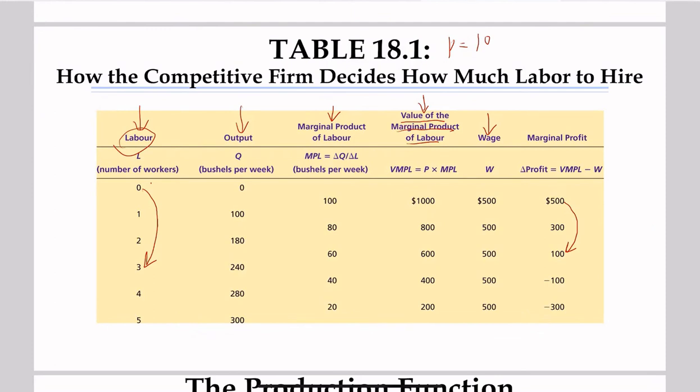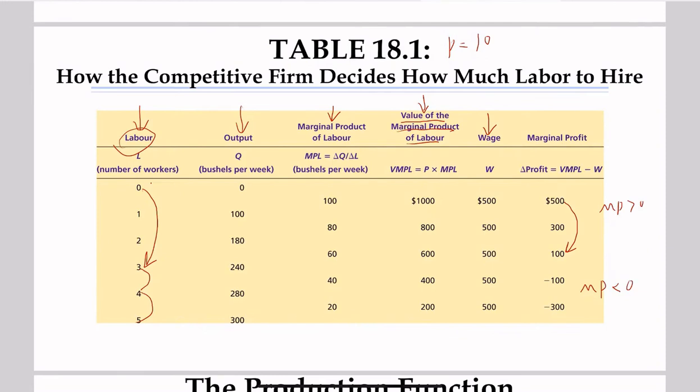So you can see that from 0 workers to 3 workers, the marginal profit is always larger than 0. And then from 3 to 4, and from 4 to 5, the marginal profit is smaller than 0.